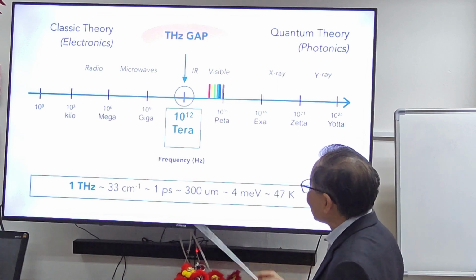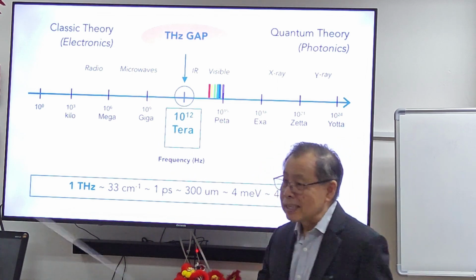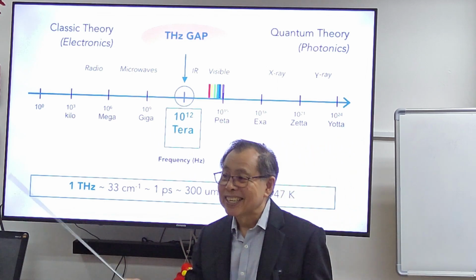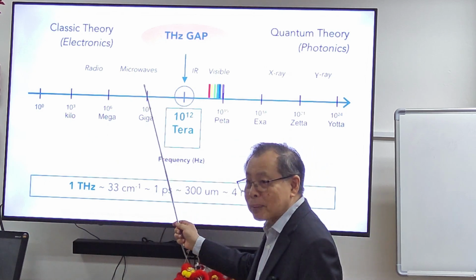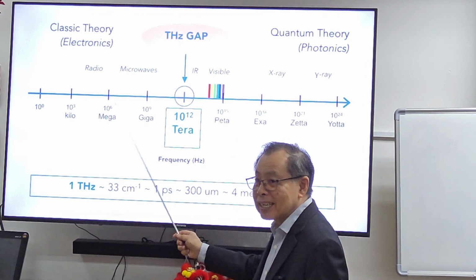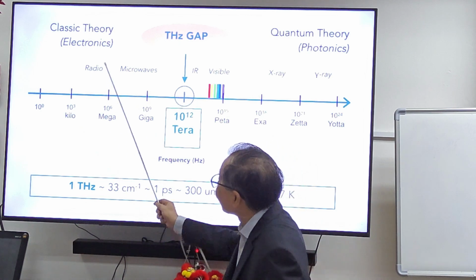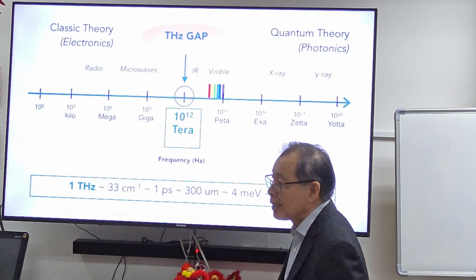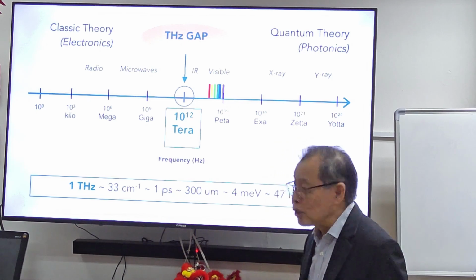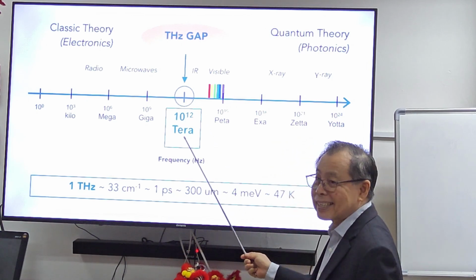So as far as radio waves is concerned, any of you using a 5G phone? You do, right? If you're using a 5G phone, it's microwave. 4G, 3G all use radio-like waves. 5G is here. Next generation of phone, 6G, terahertz.